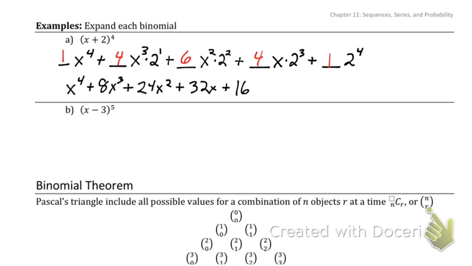Okay, our next one is (x-3)^5. That minus is going to switch stuff up, but not in a huge way. We're still going to keep our pattern the same. We're still going to say, well, my very first term is going to be x^5.